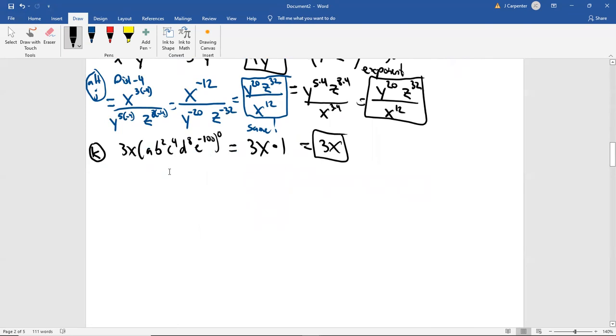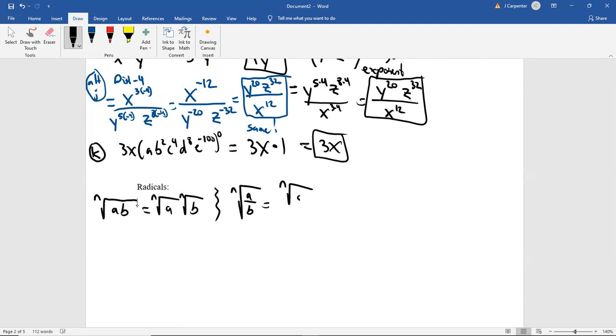All right. Reminding us of our rules, the 3 rules we gave earlier. We said that the nth root of a product is the product of nth roots. The nth root of a quotient, a division, you can just do the same thing, split them up.